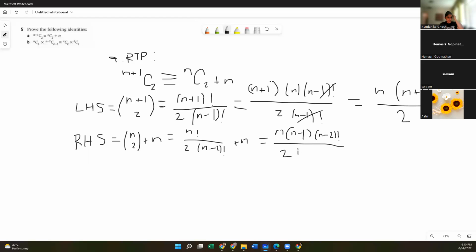So we have 2 times n minus 2 factorial plus n over here. So n minus 2 factorial is going to cancel out on both the numerator and the denominator. So what you're left with is n into n minus 1 plus n.